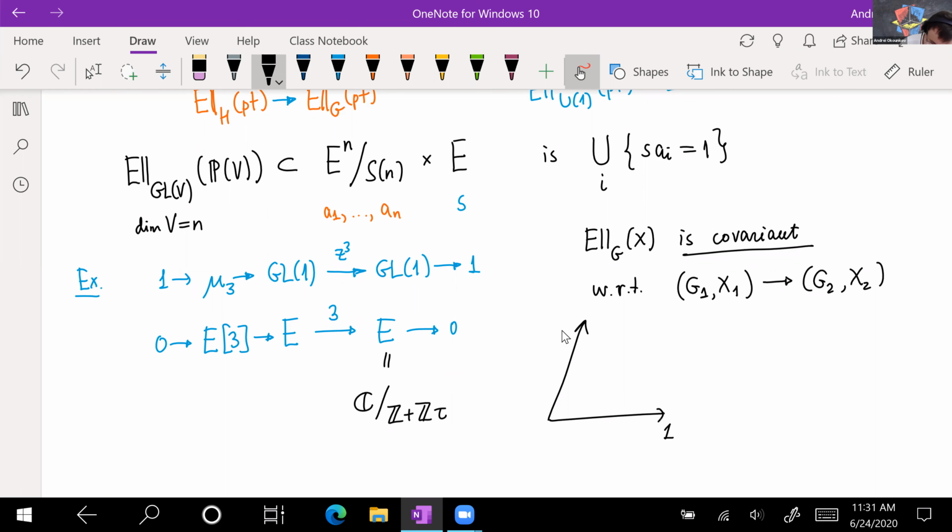So this is 1, this is tau, and these would be the points of order 3. There are points of order 3, like that.